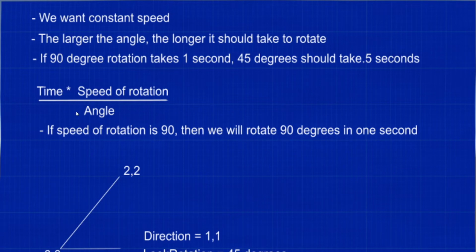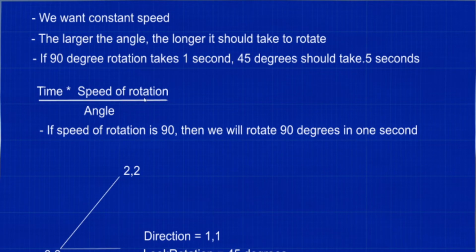Essentially, my step is going to be the amount of time that's elapsed since my last step times the speed of rotation divided by the angle. So the larger the angle, the smaller the step. What this allows me to do is to get an even constant speed.